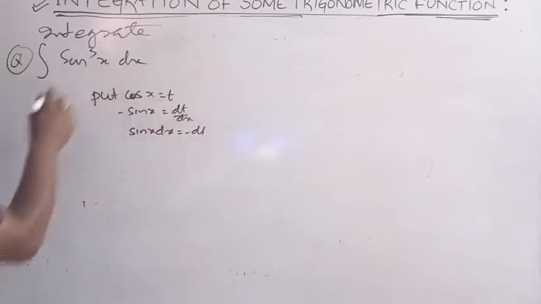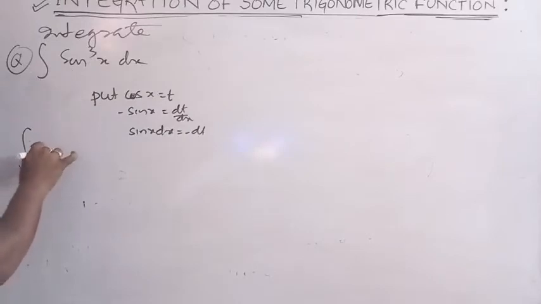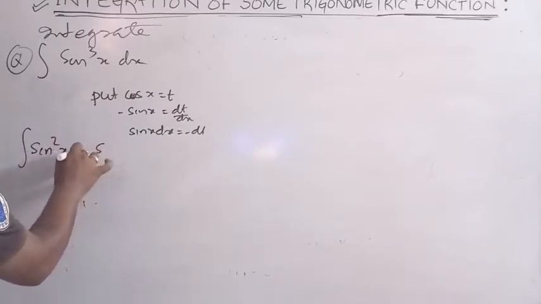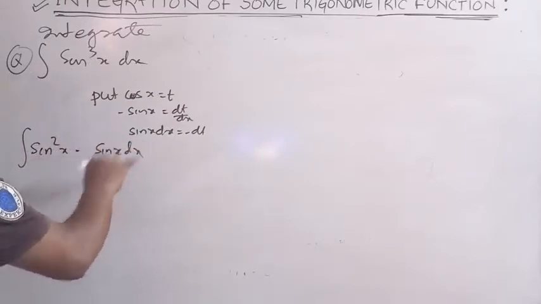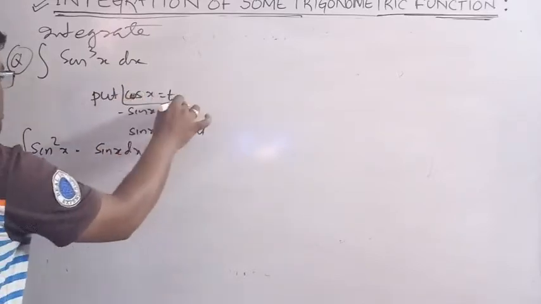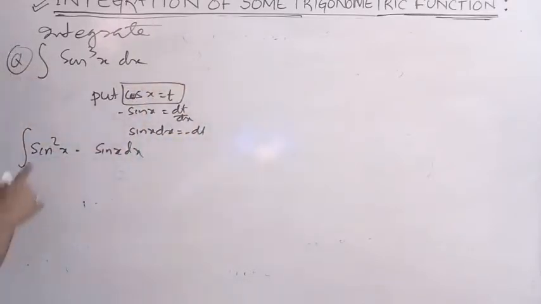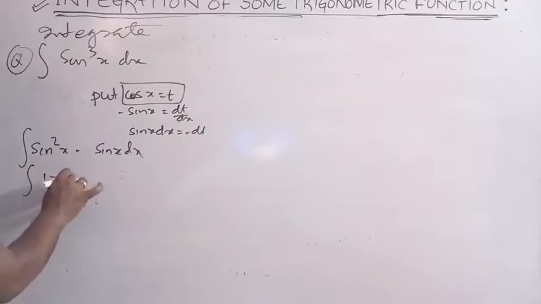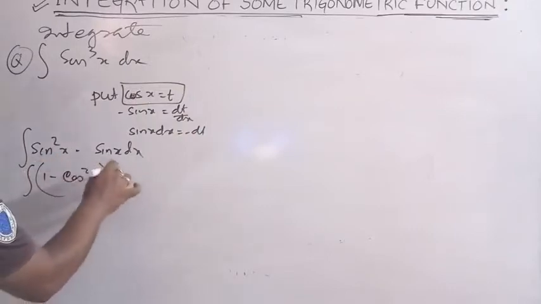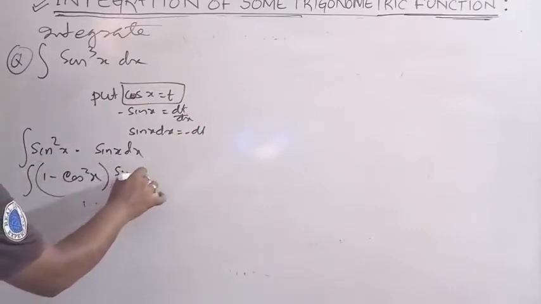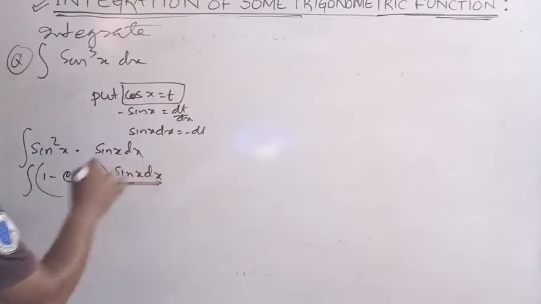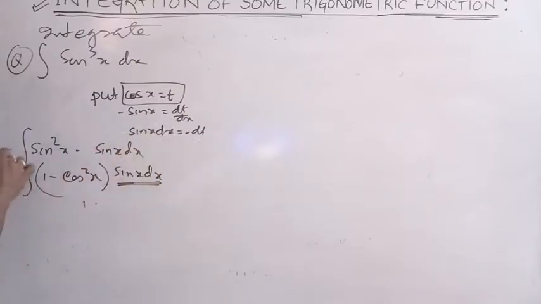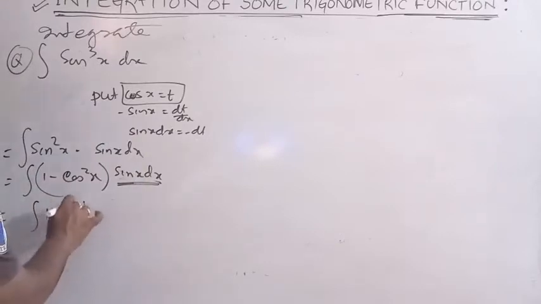Here sin cube x is sin square x into sin x dx. So sin square x means 1 minus cos square x, into sin x dx. What is sin x dx? Minus dt. That is equal to integration of 1 minus t square into minus dt.